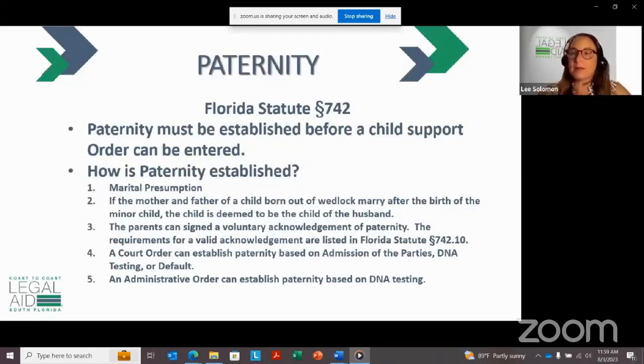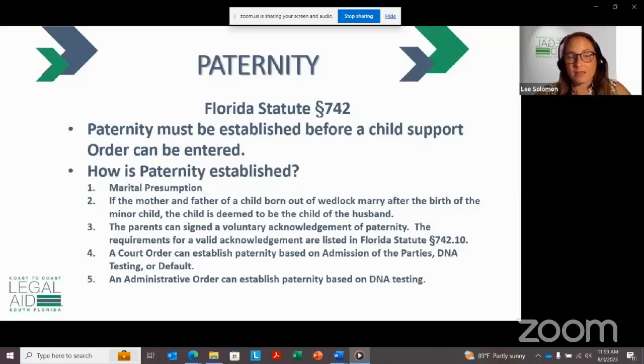Another way the court can establish it is by ordering a DNA test, and if the results come back showing that the child belongs to the male, then they can establish paternity in that way. And then finally, paternity can be established by a court by an order of default adjudicating paternity, and we'll talk about that a little more later on.